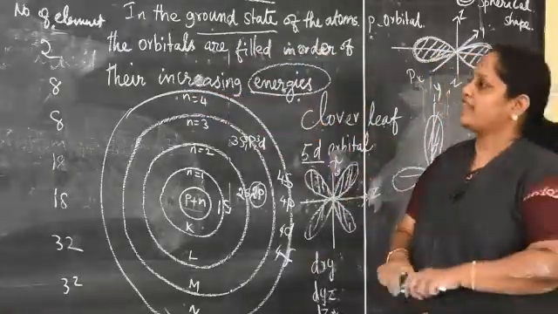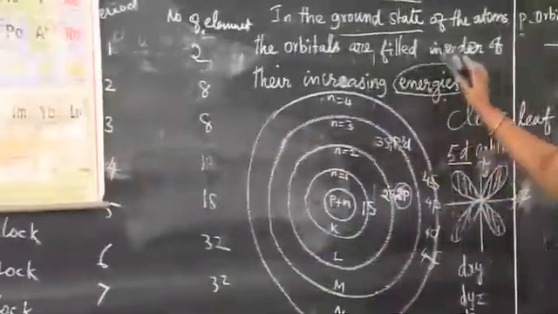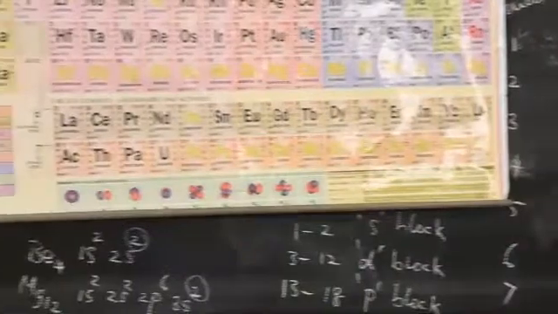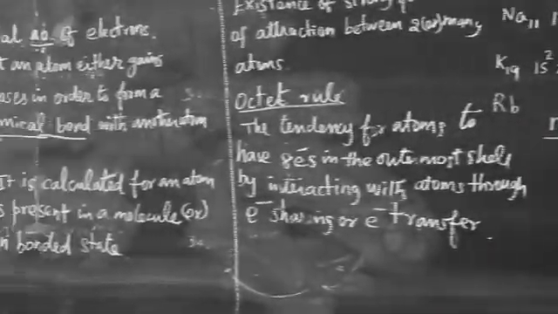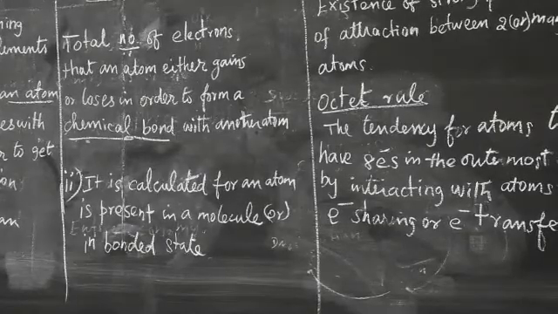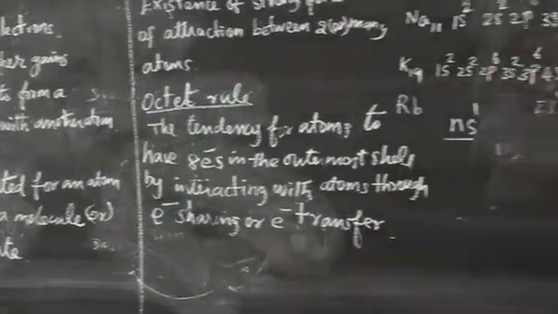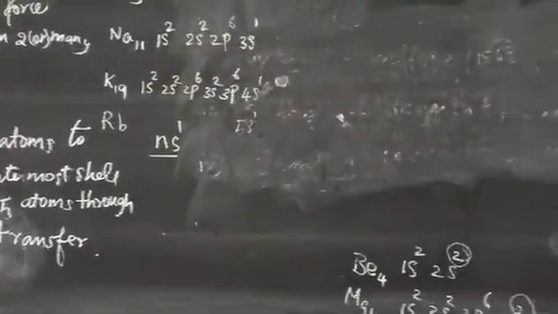So how will you write that? That is also very important for you. I will draw that. The Aufbau principle can be represented as follows. First energy level: which orbital is there? 1s. What about the second one? In the second main shell, how many orbitals? 2: 2s, 2p.